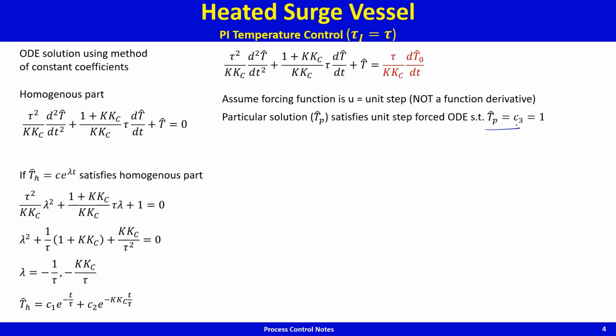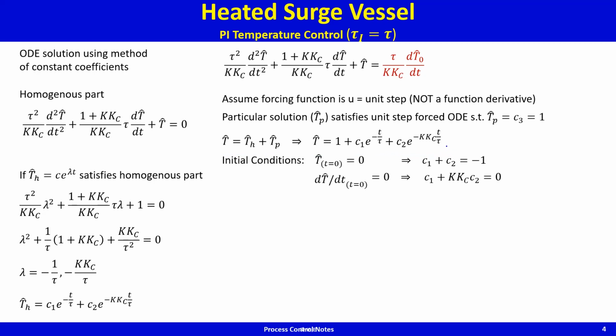If you substitute this into the ODE with the right hand side equal to 1, what you get then is this constant is equal to 1. So therefore the total solution is going to be of this kind.